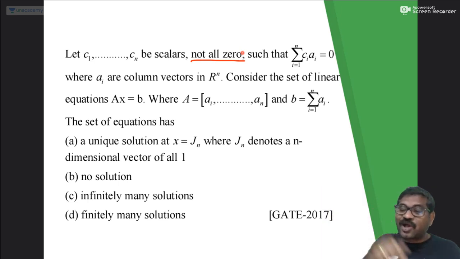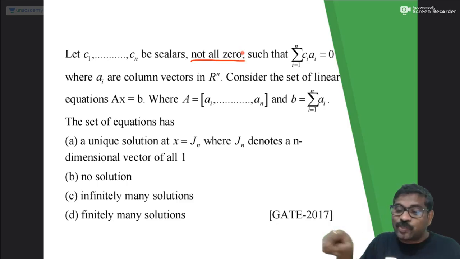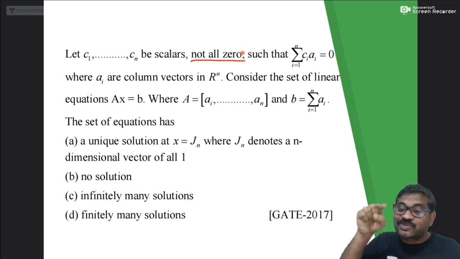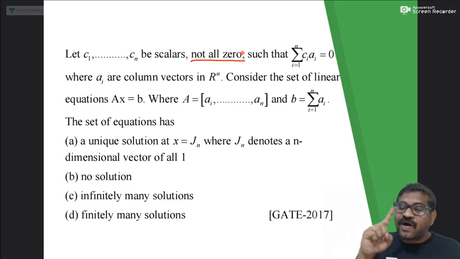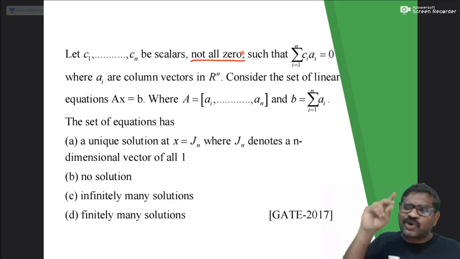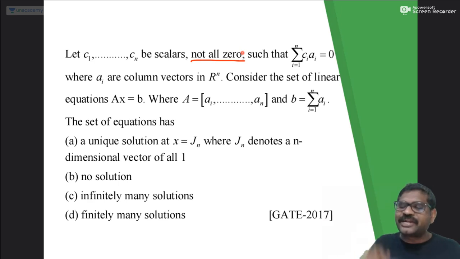Then the linear combination k1x1 plus k2x2 plus kmxm equal to 0. If the ki's are not all 0, then the set of vectors x1, x2, xm is linearly dependent. If all ki's are 0, then linearly independent.